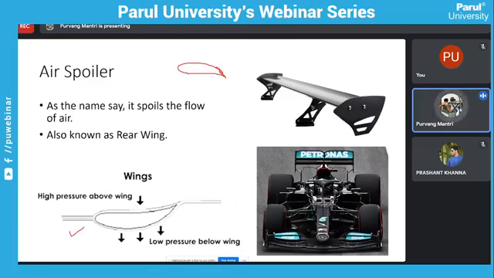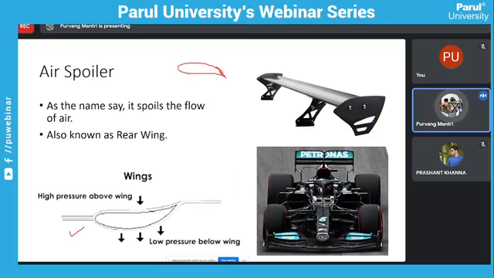Aerofoils are actually used in aircraft, where you want to have lift force, so you want the wings of the aircraft to be in this shape, while in case of our vehicles, we have inverted aerofoils, which we call a rear wing or air spoiler.